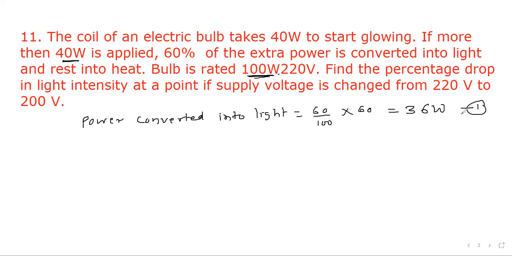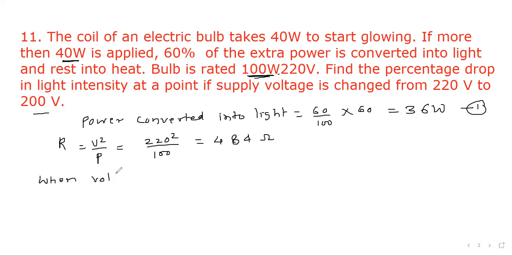Suppose this is equation one. Now, the resistance of the bulb R equals V square upon P. So the voltage is 220. So 220 square divided by 100, that is 484 ohm. When the voltage drops to 200, in that case, what is the power?